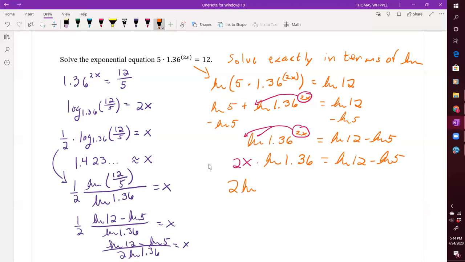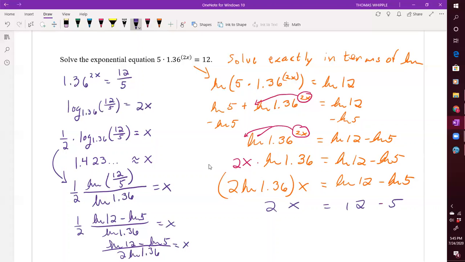We have 2 times the natural log of 1.36, I'll put that in parentheses, times x equals the natural log of 12 minus the natural log of 5. This is very similar to, I'll go back to purple, having something like 2x equals 12 minus 5.